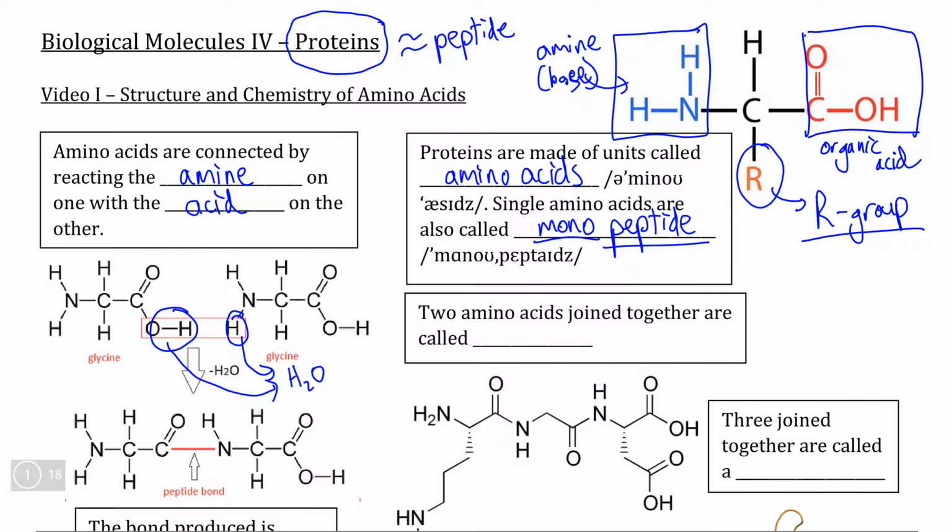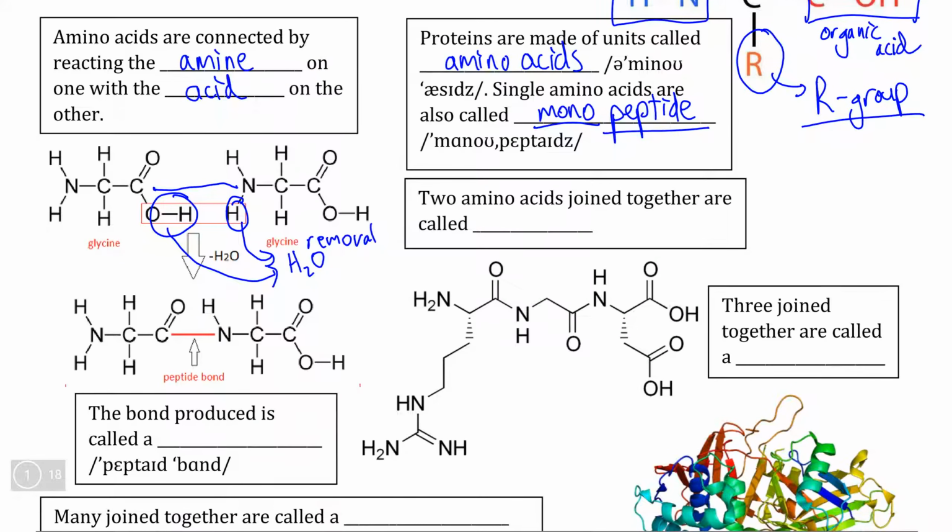So the joining of two monopeptides involves the removal of water, and in the resulting whole that we create, a new bond forms connecting the two monopeptides, and because this is a bond between two monopeptides, it is not surprisingly called a peptide bond.